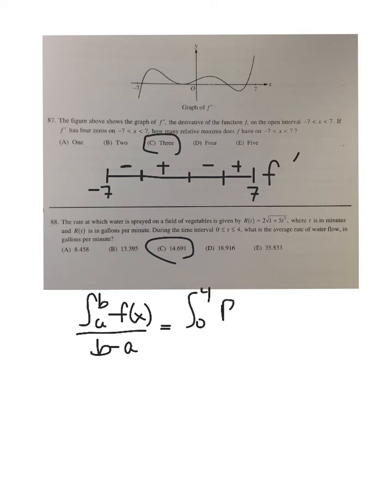And in this case, f of x would be represented by r of t. And then we're going to divide by 4 minus 0, or 4. Okay, so then you just put the rest in your calculator, make sure you divide by 4, and your answer is choice C.